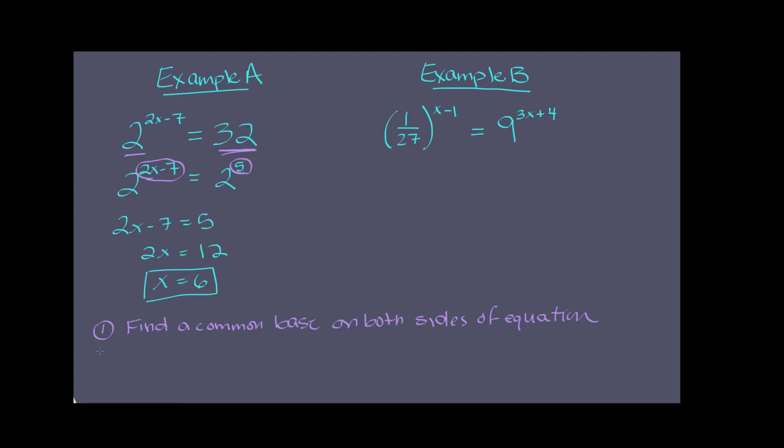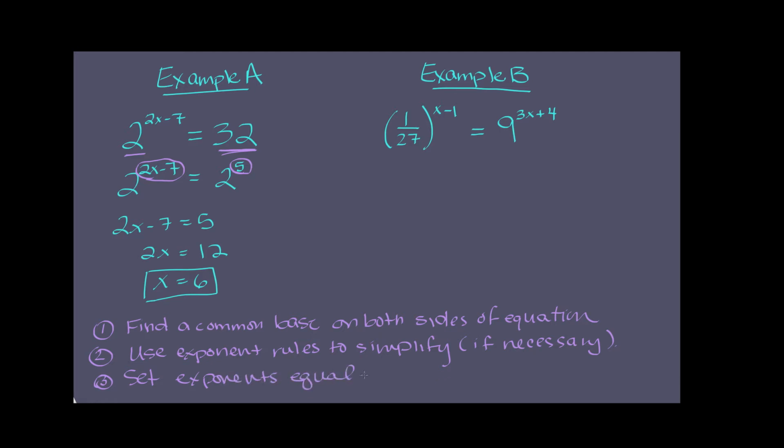In the next case, it will be. So we're going to use exponent rules to simplify if necessary. We'll see that in the next example. And then we're going to set the exponents equal and solve.